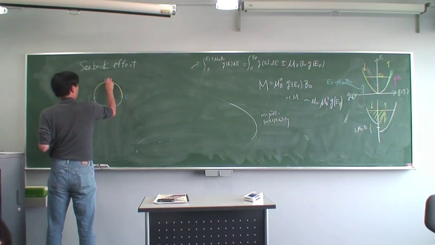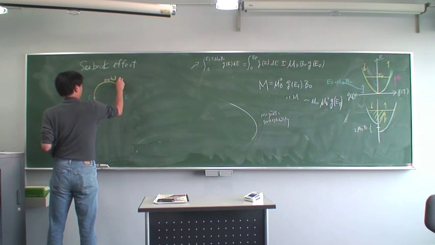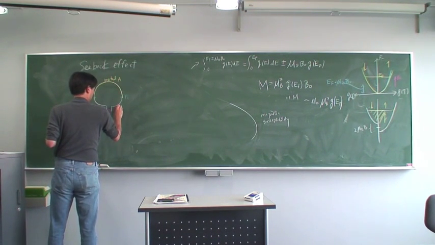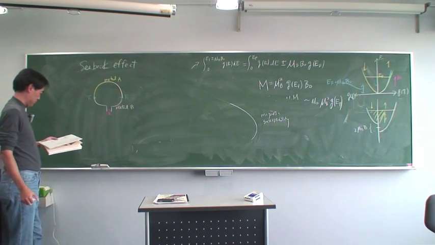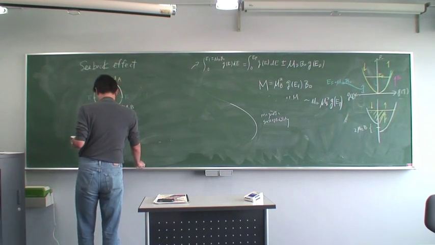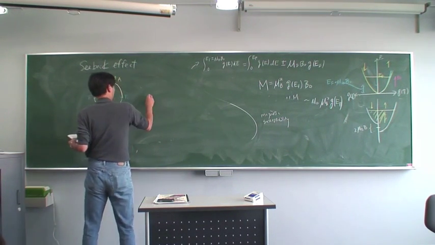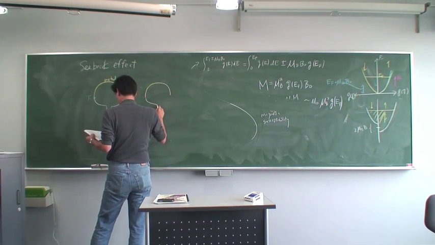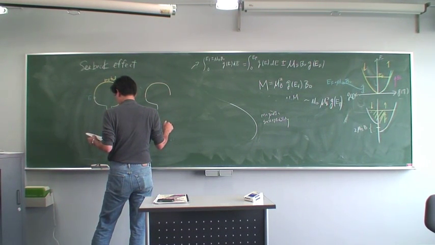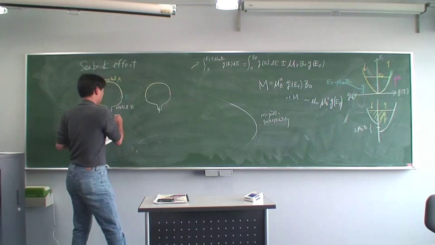This is metal A, and this is metal B. There's a similar case where you actually put a battery instead of the voltage source.